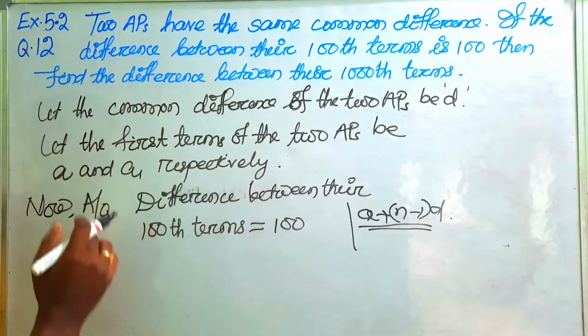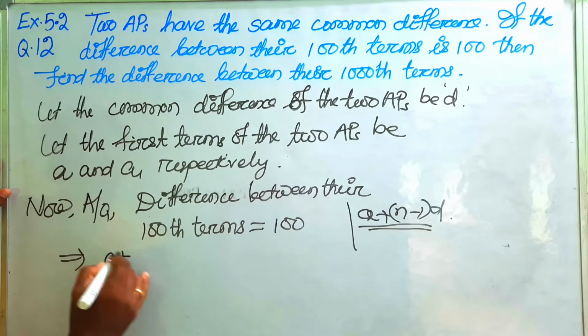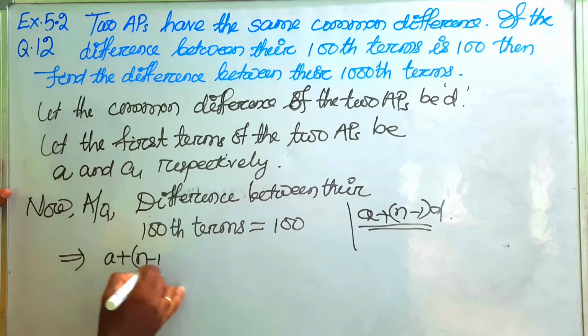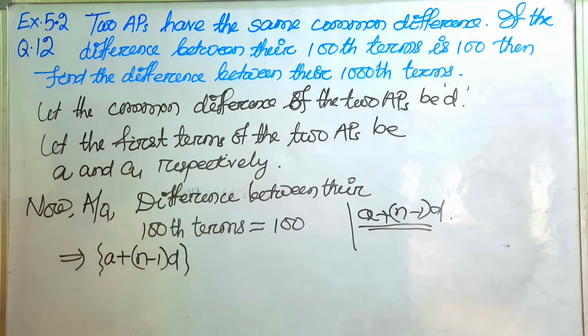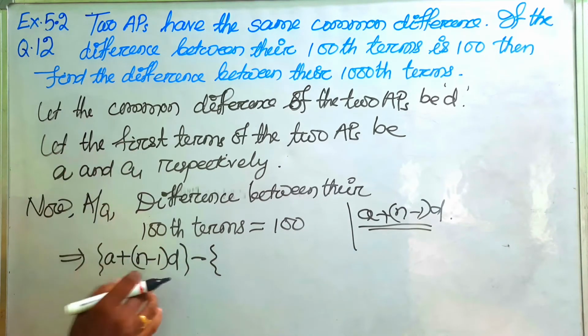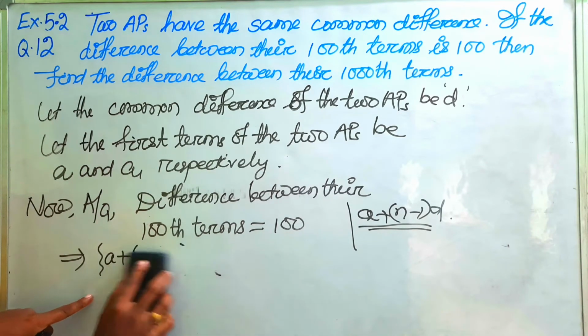So what will be the 100th term of the first AP? A is the first term of the first AP, so A plus n minus 1 into D. You can directly write it down, don't write the formula.